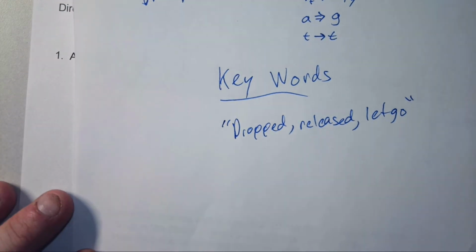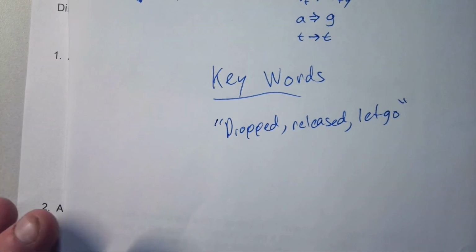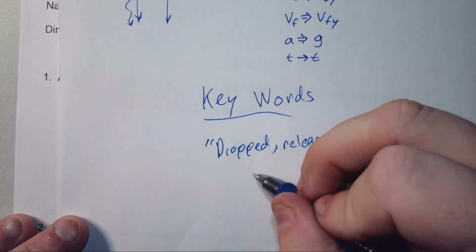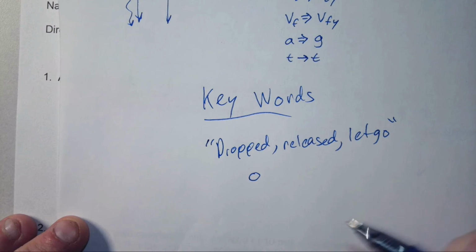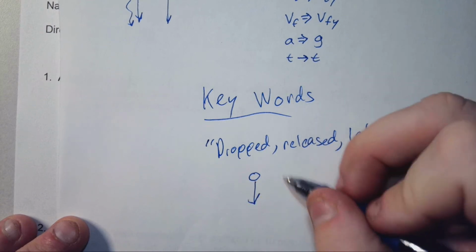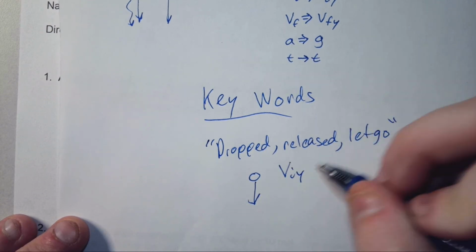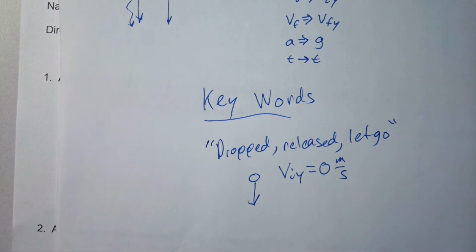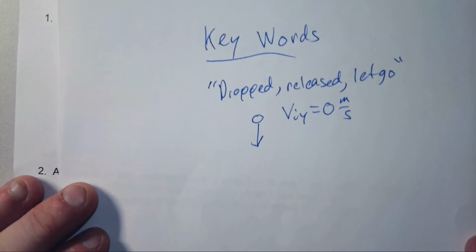It's not necessarily telling me a number. What it tells me is that if I have an object in my hand and I suddenly drop it and it starts to fall, my initial velocity in the y direction is 0 meters per second. These key words are very helpful because the numbers may not be there, but if you see the word dropped, that means the initial velocity is 0. It wasn't moving and now it's moving.